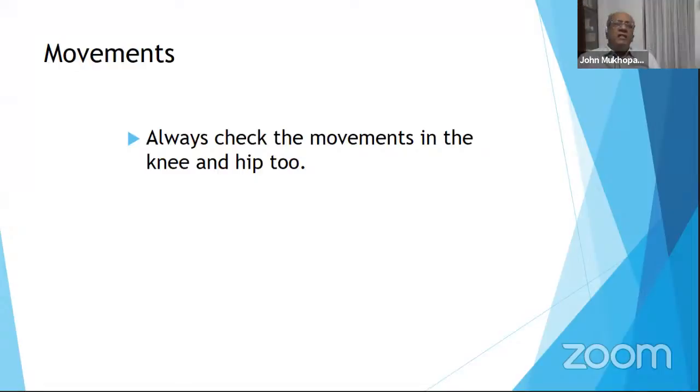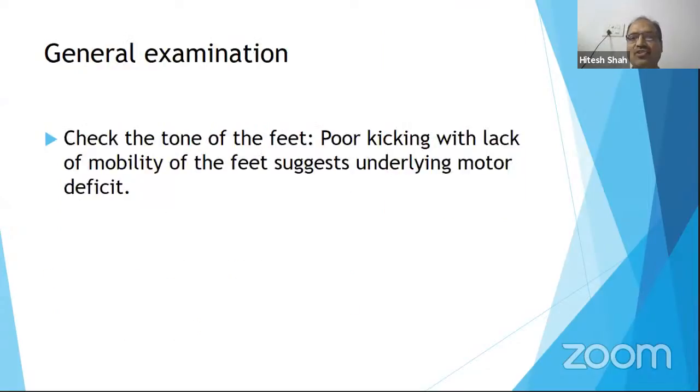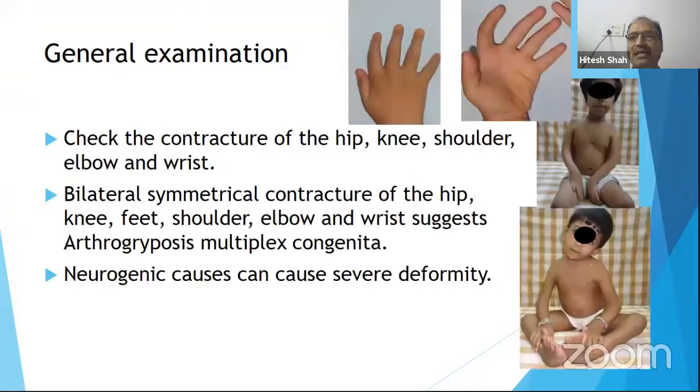But again, with any congenital foot deformity, you can have other congenital anomalies. One of the commonest would be a congenital contracture or arthrogryposis multiplex. So that is the reason you always check the upper limb, and always check the hip and knee. Wherever there is a flexion or extension contracture, the knee would also be associated.